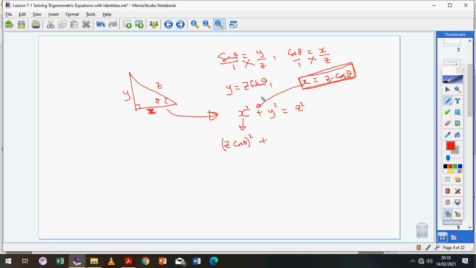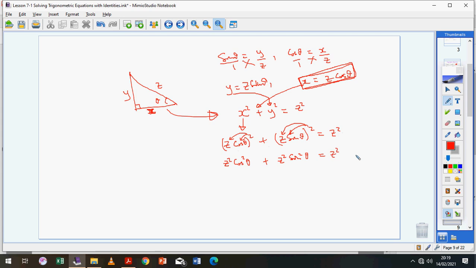Y is the same as z sine theta, so I'll replace y with z sine theta. Everything is squared, and this is supposed to equal z squared. If I put the square inside the brackets on both terms, then I'll have z squared cosine squared theta plus z squared sine squared theta is equal to z squared.